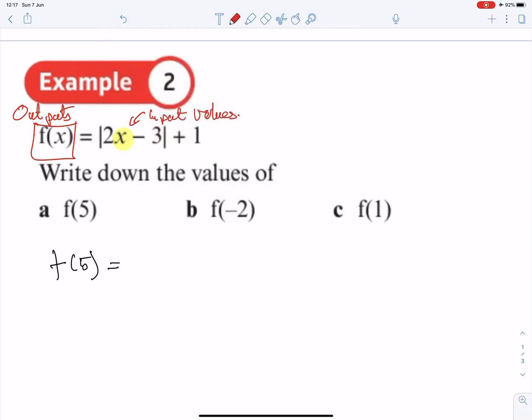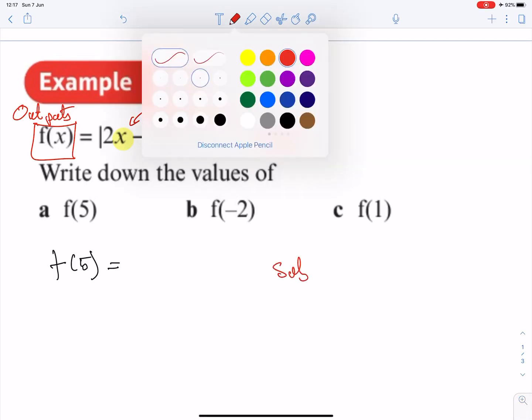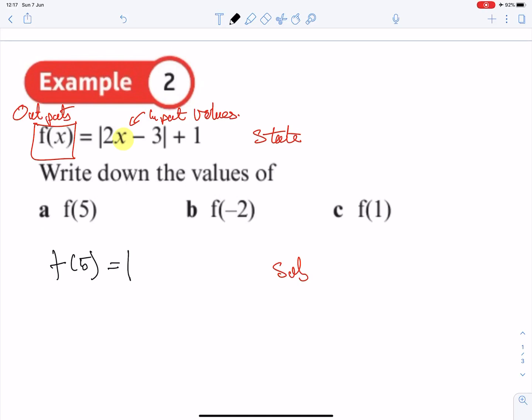This expression is like our state, and now we're substituting in. So we get the magnitude of 2 lots of 5, put in a bracket, take away 3, plus 1. Now we've got 10 take away 3 inside the modulus plus 1 outside.